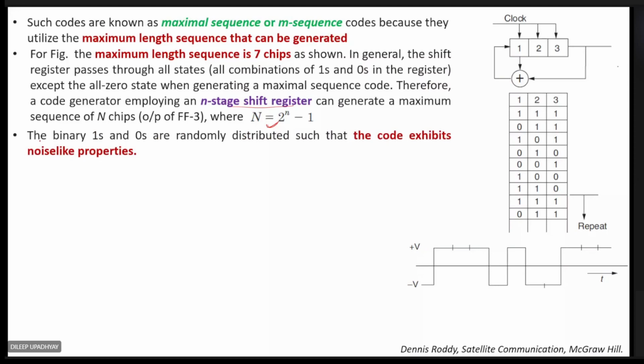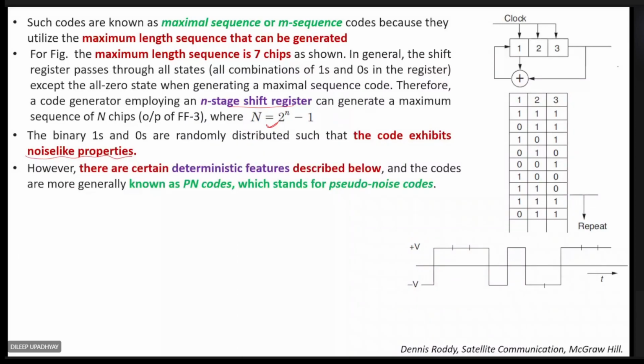Similarly, the binary ones and zeros are randomly distributed such that the code exhibits a noise-like property. Since we know that noise is random in nature, we call it pseudo-noise, although it is not purely random in nature. However, there are certain deterministic features which I'm going to describe.